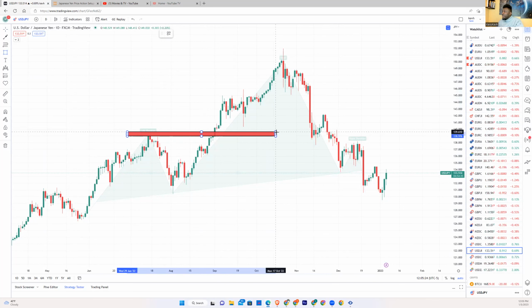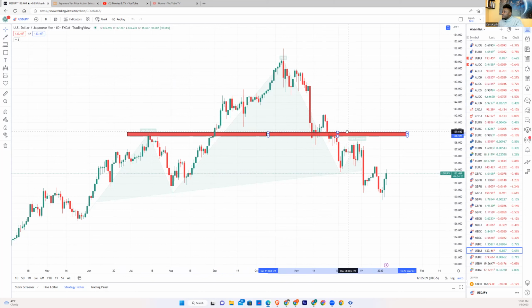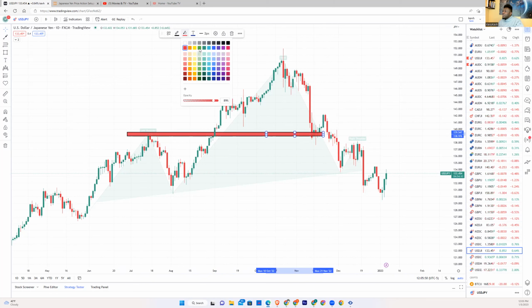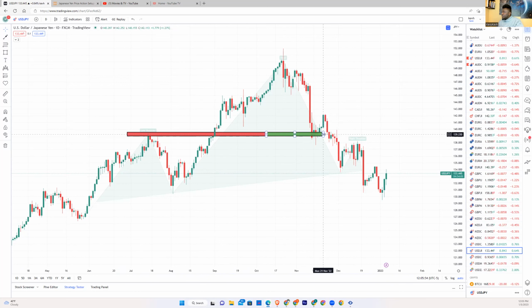That is an area of resistance. But on this other side, things change a little bit, because now we have a support level here. Okay, now that's a support level.